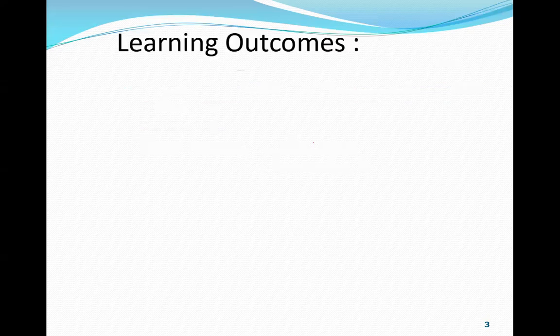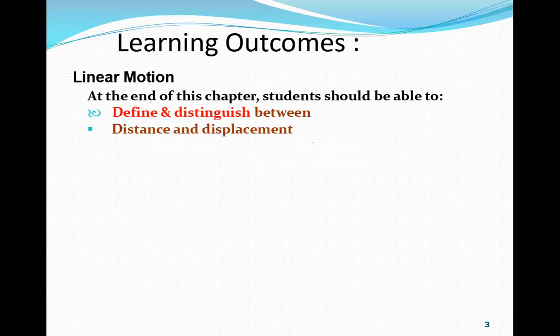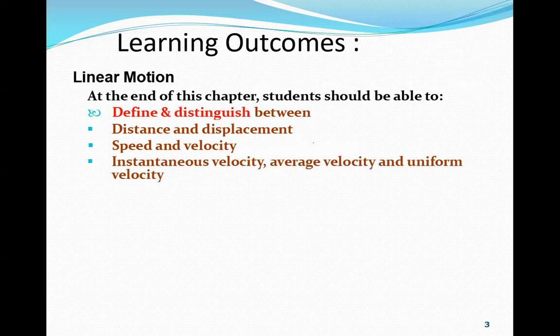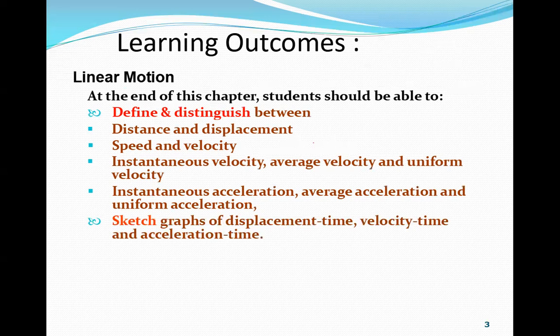What is our chapter? By the end of the chapter, you will be able to define and describe the distinction between distance and displacement. It is our CIE pattern. Speed and velocity, instantaneous velocity, average velocity, and uniform velocity; instantaneous acceleration, average acceleration, and uniform acceleration.